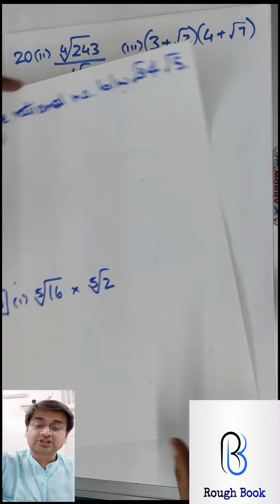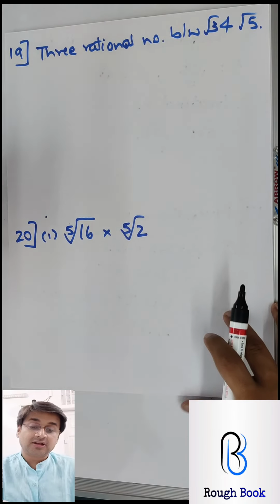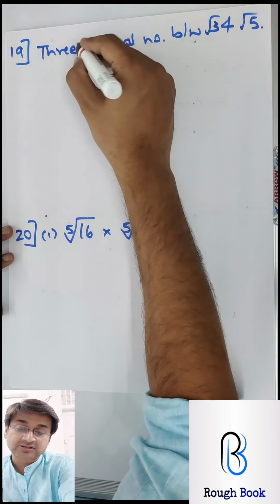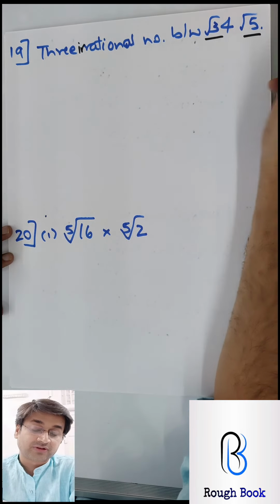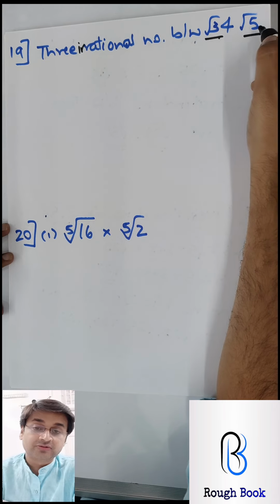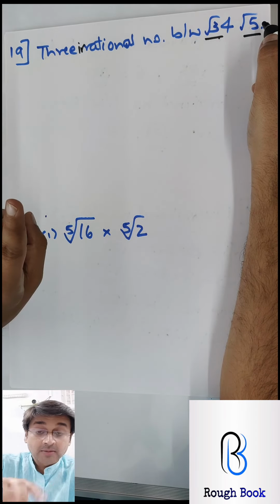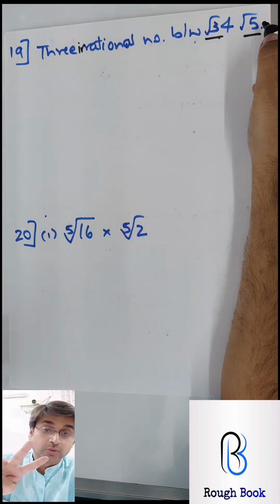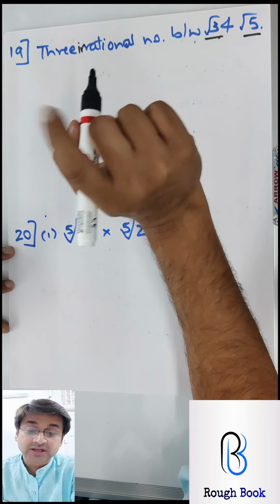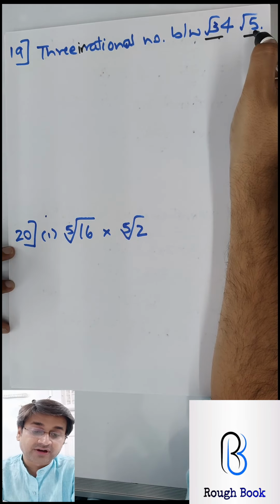Moving to the next one. 3 irrational numbers between root 3 and root 5. Now between root 3 and root 5 I can think of root 4. But now how to get another 2? Pay attention to me carefully. 3 and 5.